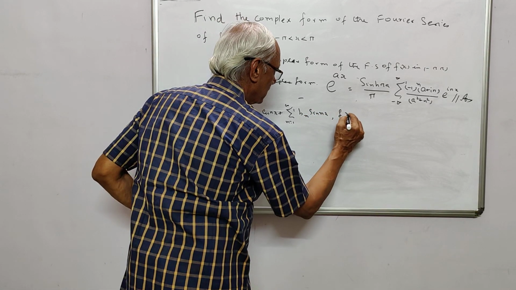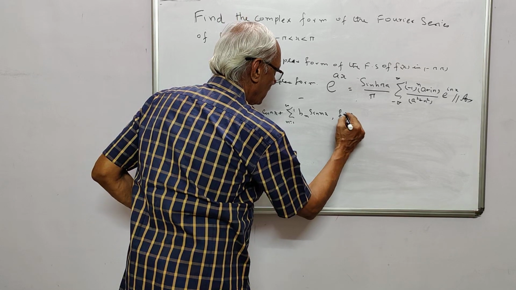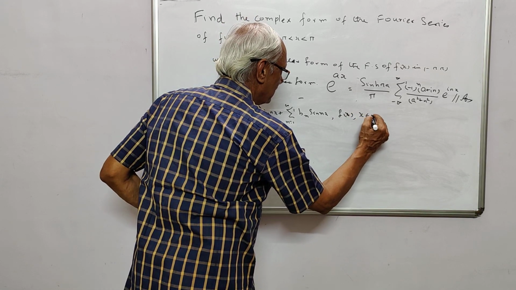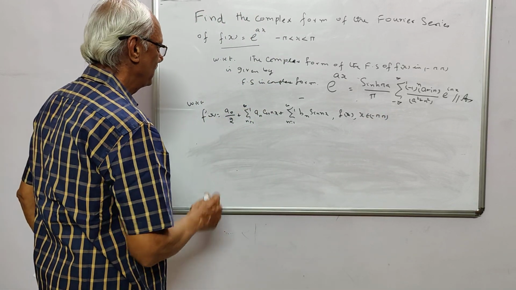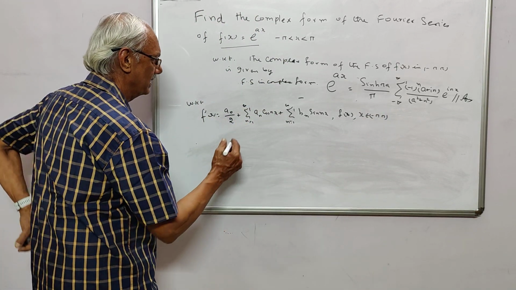f of x is given, and x lies in minus pi to plus pi. So if this is given, you see that this can be written like this.